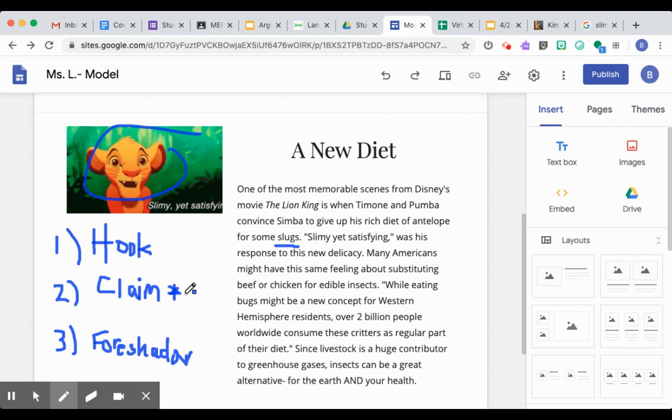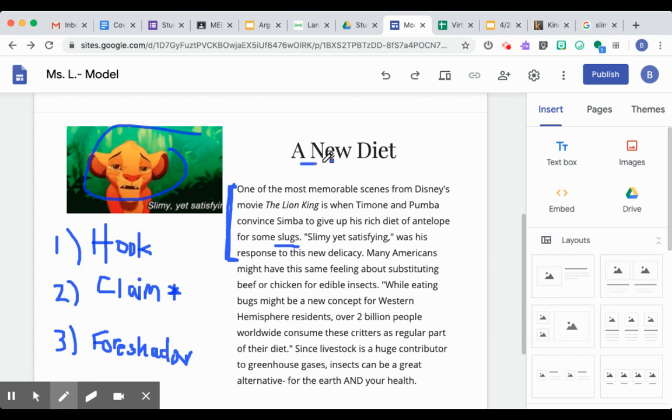So I decided to use the scene from The Lion King as my hook. It's a little bit longer, but if I have a reader that's watched The Lion King or is into Disney, that is going to engage them right away.